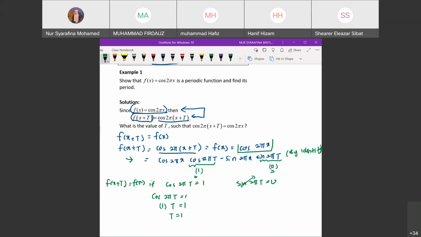So 0 equals 0. So let's just proceed with this.